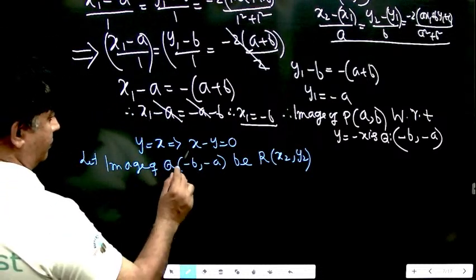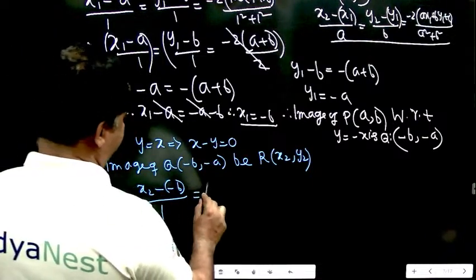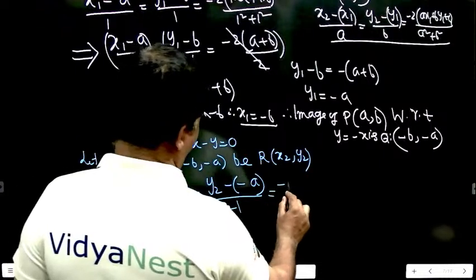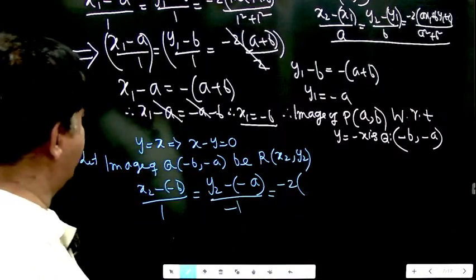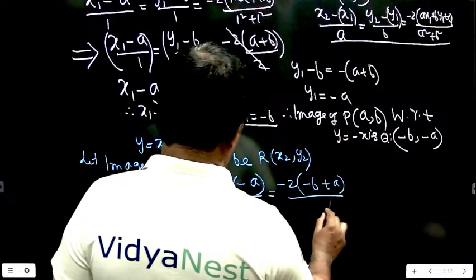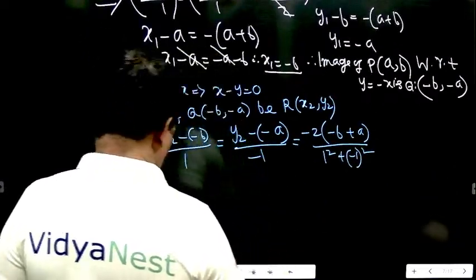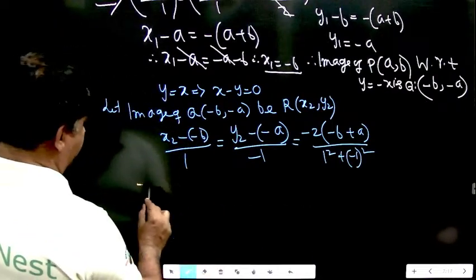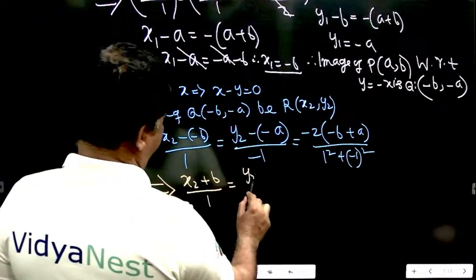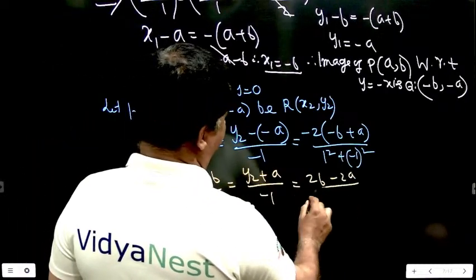That means x2 minus x1 by 1 equals something by minus 2, which gives 2b minus 2a by 2.